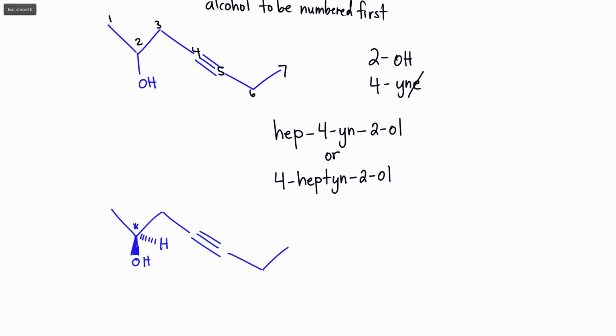So this would be 1, this would be 2, that would be 3. So it's going in that direction, and my lowest substituent is projected away, so that would be the S configuration. So if I gave you that dash and wedge, this actually would be S.